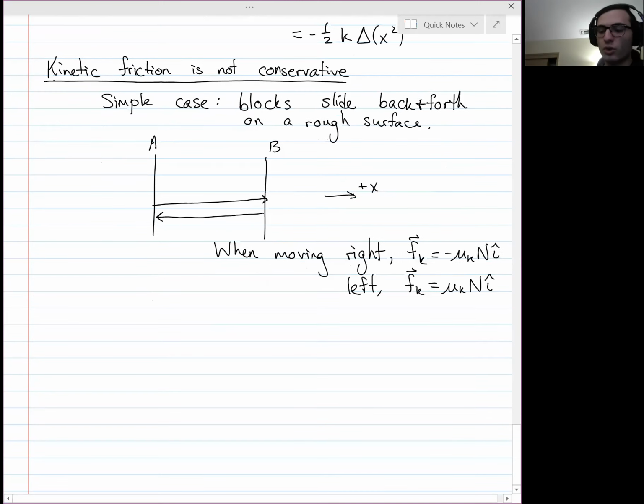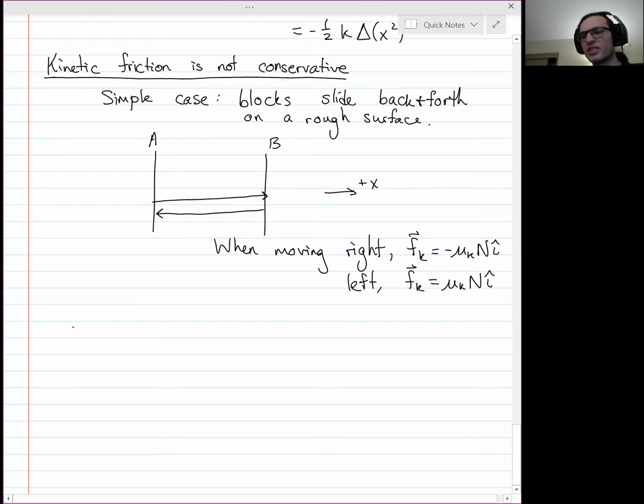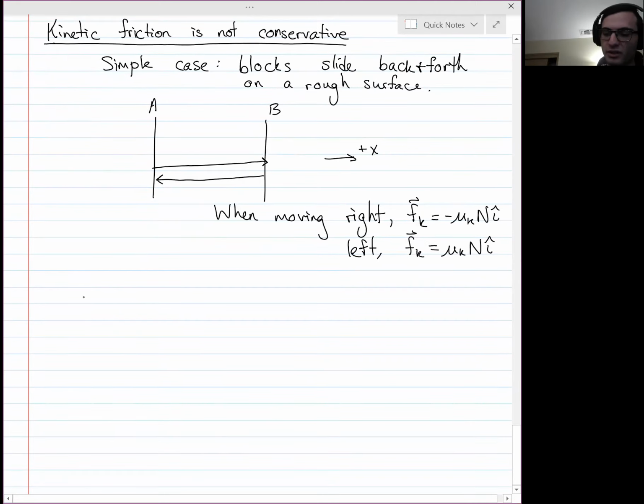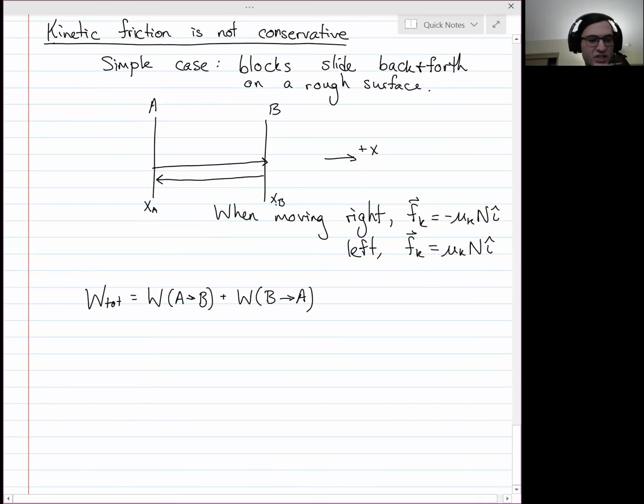So now let's compute the total work. And by the way, n is just a constant here because we're assuming you're not pressing down harder or lighter on the thing, and gravity's fixed. So the total work done is the work done from A to B plus the work done from B to A. Let's call this XA and this XB, just to give them names.